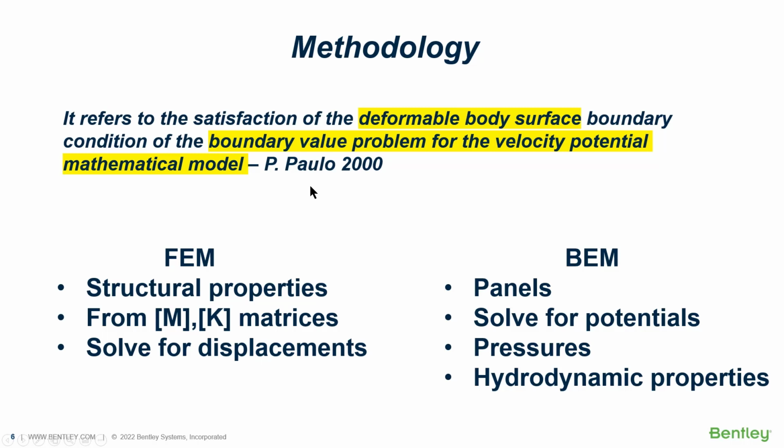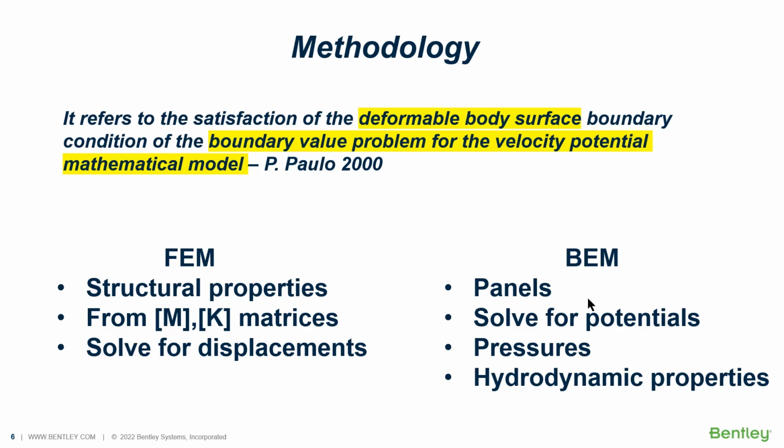And also for the hydrodynamic computation, we need to have a boundary element method solver. And we model the physical boundaries that are represented by panels and solve for the problems for potentials. And also, for hydrodynamic pressure calculation, we need to employ the boundary element method.